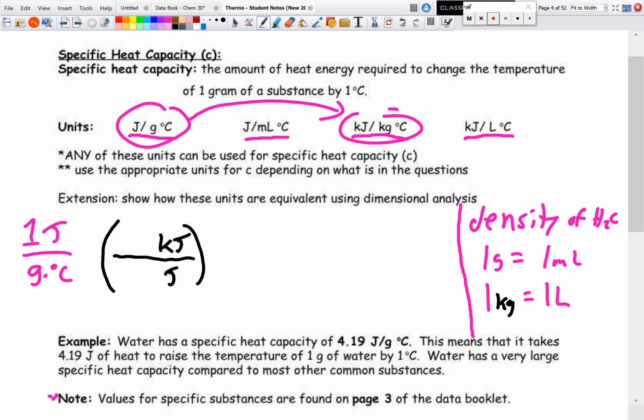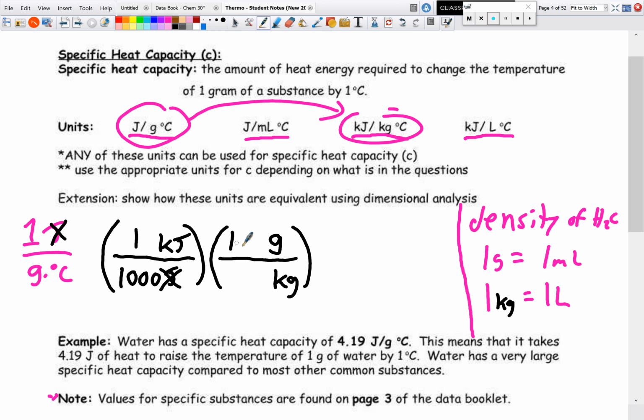For our numbers, we know that in 1 kilojoule there are 1,000 joules, because kilo just means 1,000. When we multiply these together, the joules cancel out and we're left with kilojoules. Now I also want to convert my grams, so I do that in my next conversion factor. I want kilograms in my denominator and I want to cancel out grams, so I put grams on top.